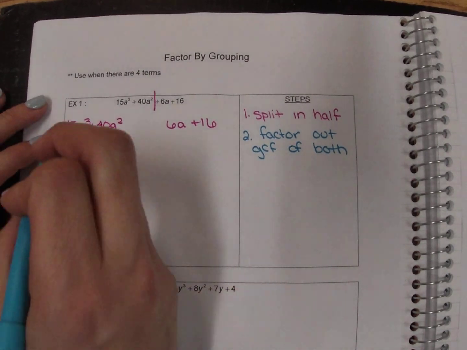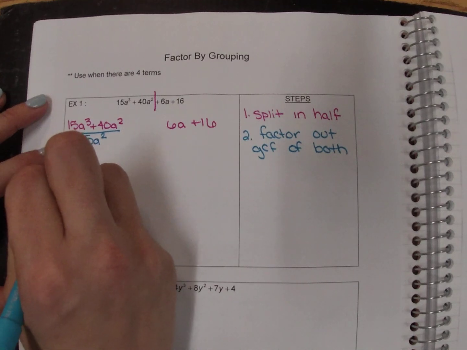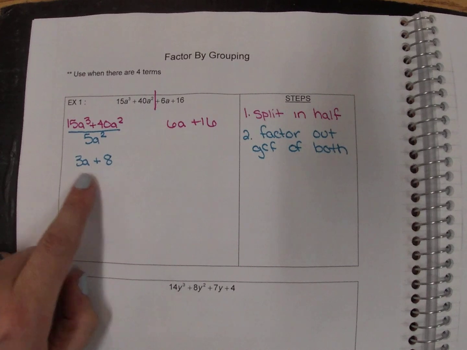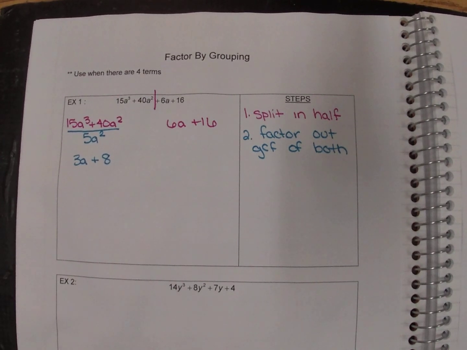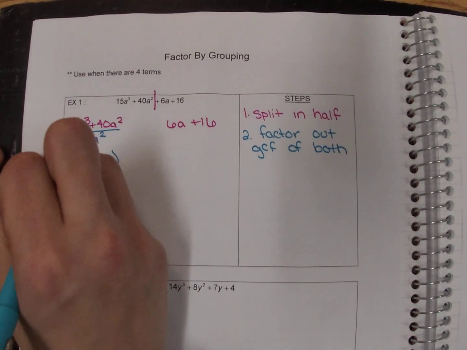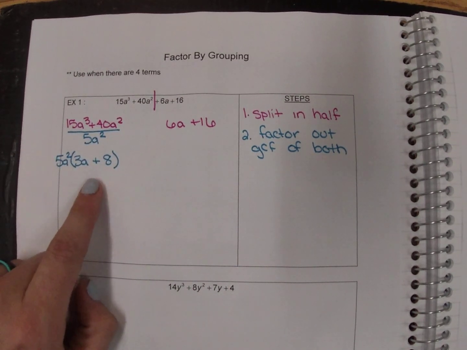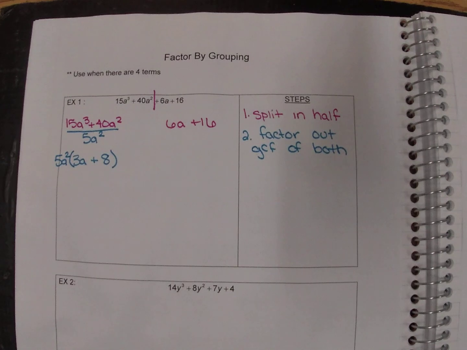When we divide that out over here, that leaves us with a 3a plus 8. And if we check this again, there's nothing that will go into 3 that will also go into 8. They both don't have an a, so we know we got out the GCF. So we're going to pull that out and just factor out the GCF just like we did yesterday.